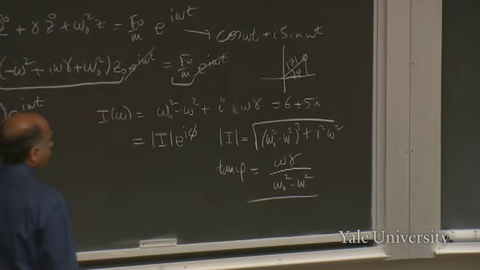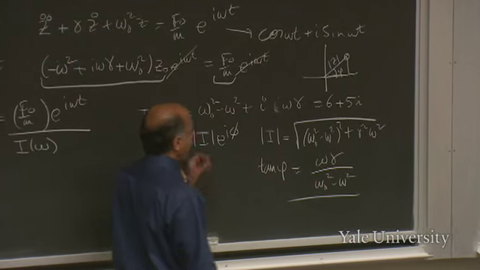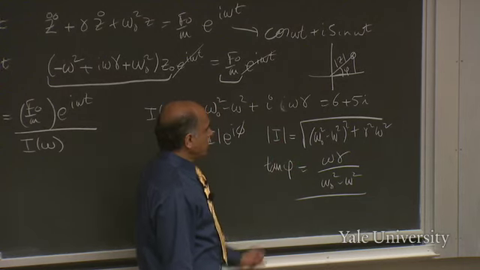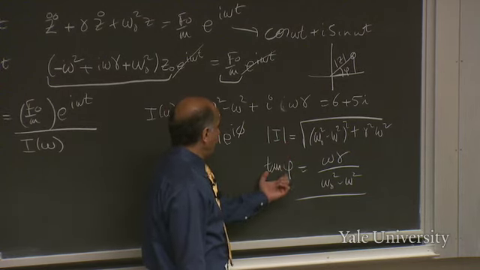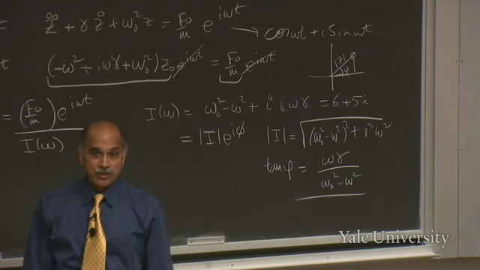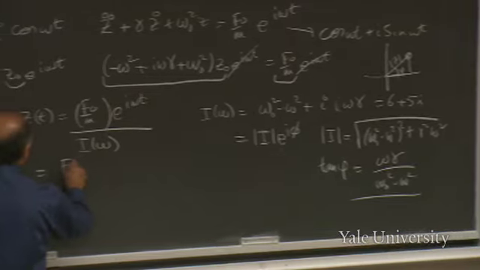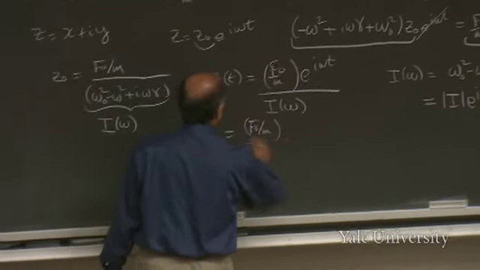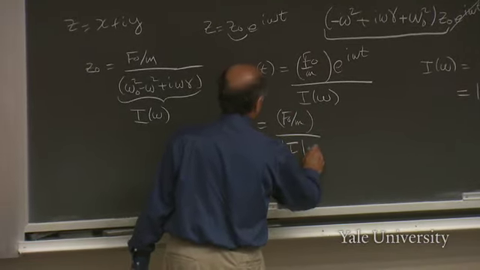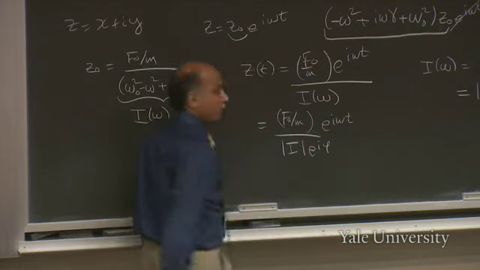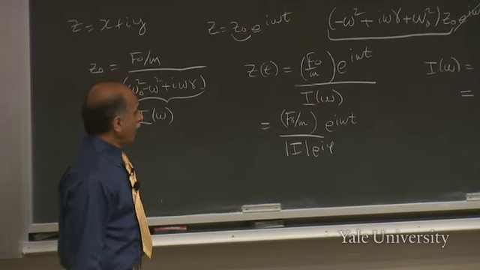I want you to realize that in a given problem, with a given mass, given friction, given frequency, both these are known. They're simply a magnitude of I and the phase phi, which can be found by this process. Now write it like that. Then you get f0 over m divided by the absolute value of I times e to the i phi, and I have e to the i omega t on the top.